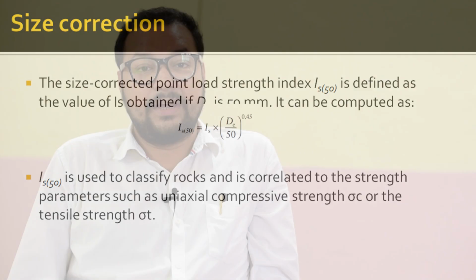Now, like I've said, there have been many correlations which have been established experimentally between uniaxial compressive strength and point load. The most common one being UCS equals 24 times the point load strength index. So if the point load strength of your rock material is 1 MPa, then you can safely assume that the uniaxial compressive strength of the rock material would be 24 megapascal.